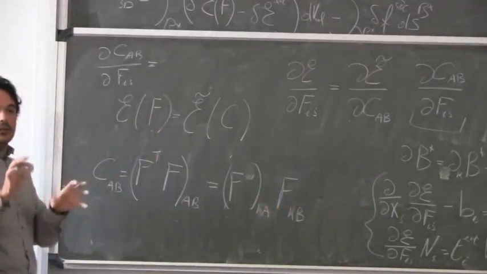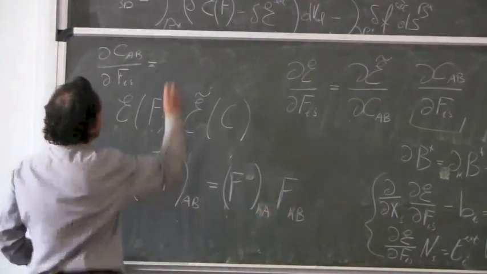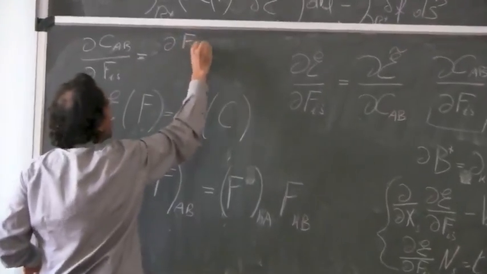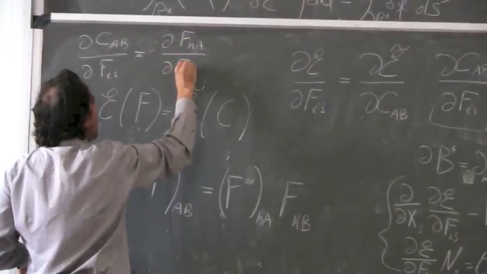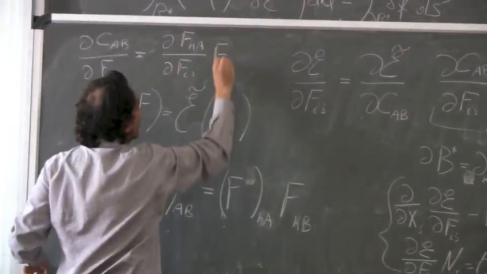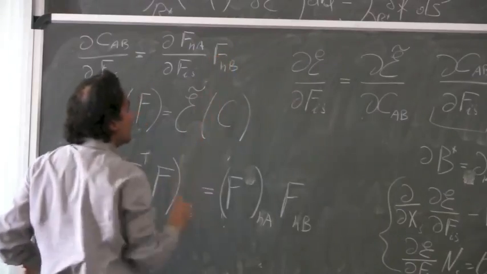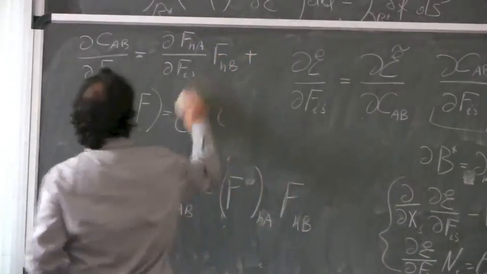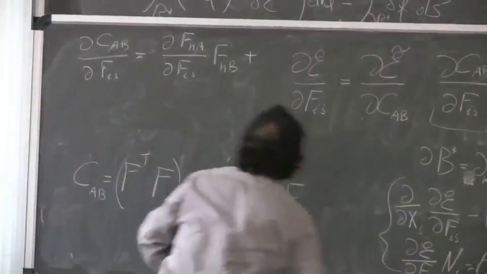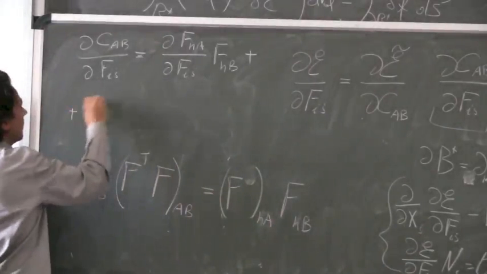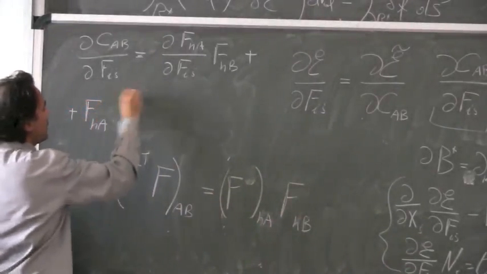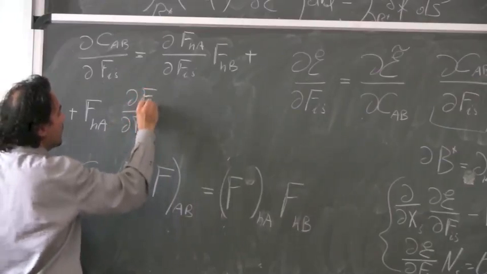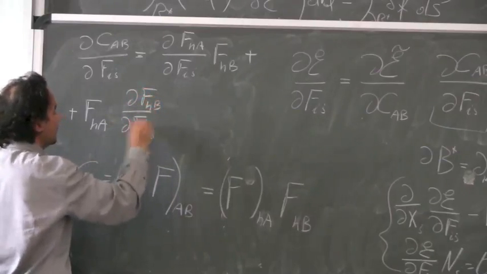It is the rule of derivation of a product. So this is the derivative of F HA with respect to Fij times F HB, plus F HA times the derivative of F HB with respect to Fij.